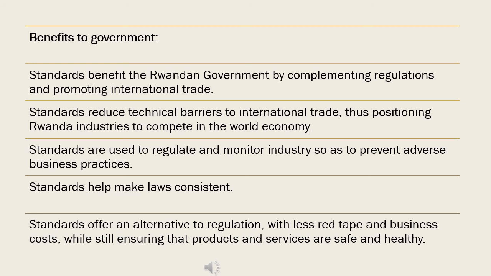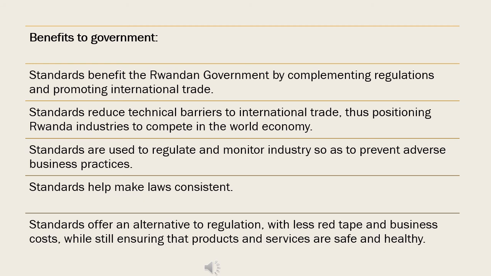In this case, Rwanda Standards Board has hundreds of standards. If one wishes to start up a given business, any type of business, be it a bakery, a construction company, or a university, Rwanda Standards Board has what you call service accreditation and product certification.